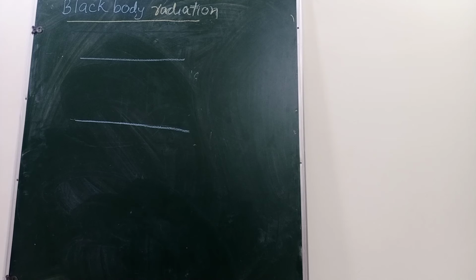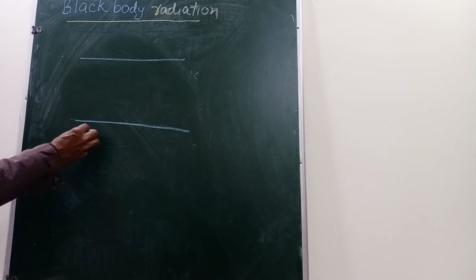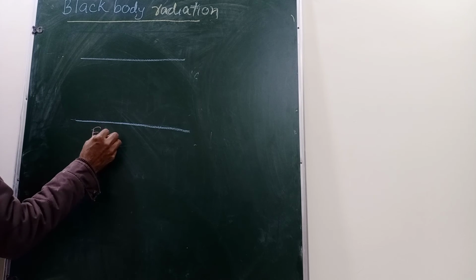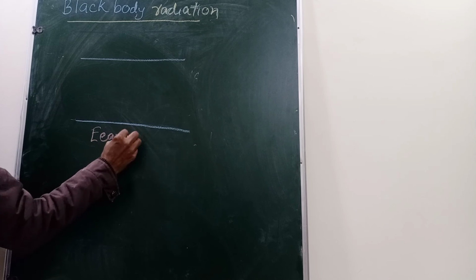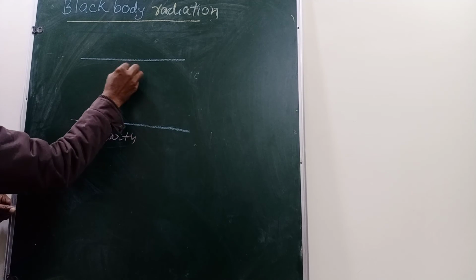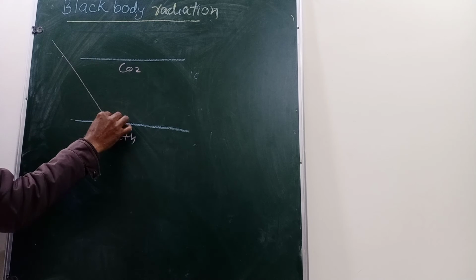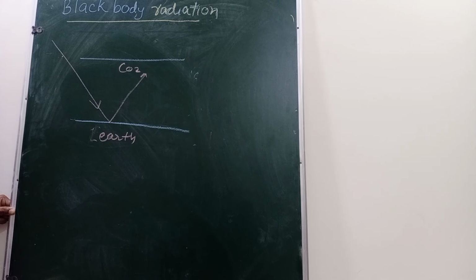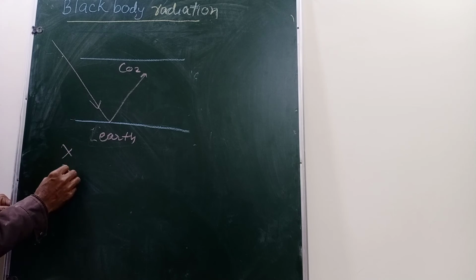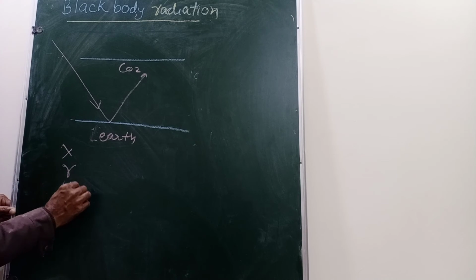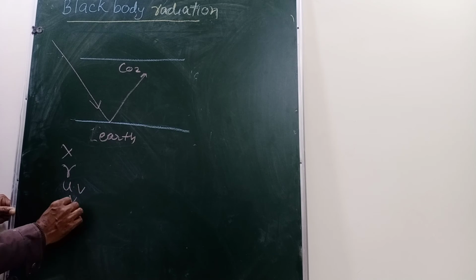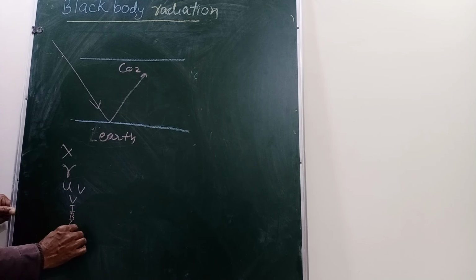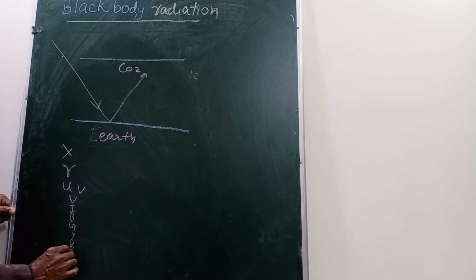Of all the radiation that falls on our earth, this is the earth's surface, and here the carbon dioxide molecules absorb the IR radiation. We get these kinds of radiation: X-rays, gamma rays, ultraviolet, violet, then VIBGYOR. After R we get infrared, then microwave, and then radio waves.